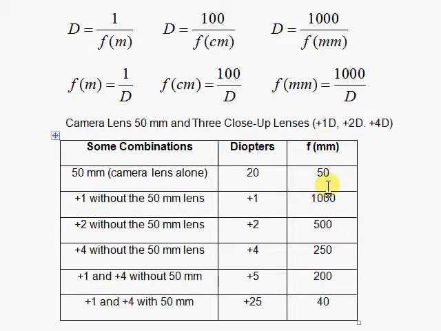I've made my camera lens, which is originally 50 millimeters at 20 diopters, stronger, 25 diopters, and reduced the focal length. Remember, a stronger lens is shorter focal length. I reduce it to 40 millimeters and can take pictures of flowers closer and get pretty pictures.